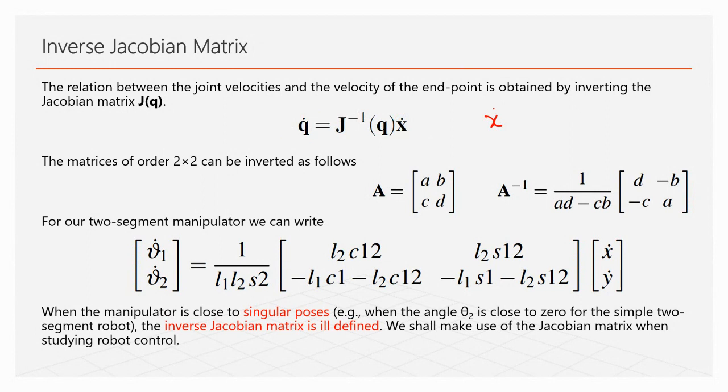Why? Because I had x dot equals Jacobian times q dot, and from there we found this relationship between speed at the endpoint and rotational speed of the joints. We had this. To make the inverse, if you know how much speed you need at the endpoint, to produce it at the joints you need the inverse Jacobian matrix.